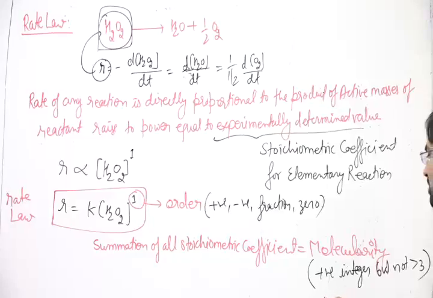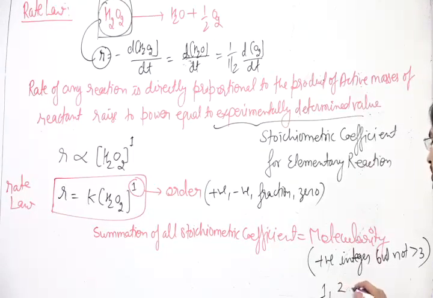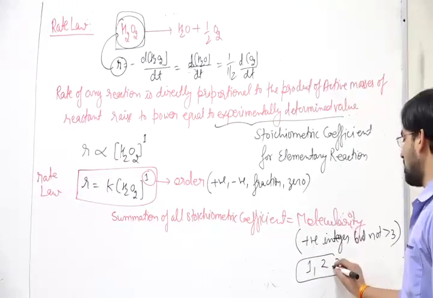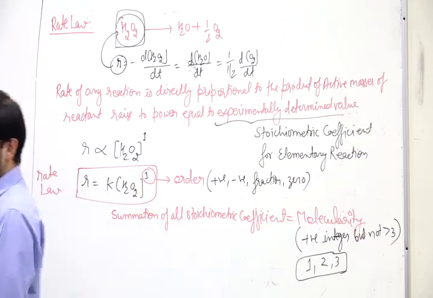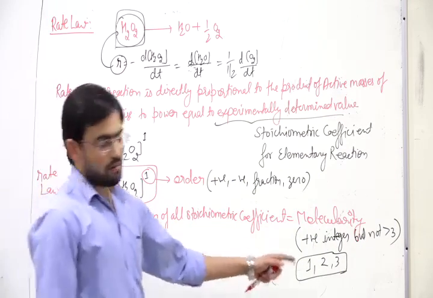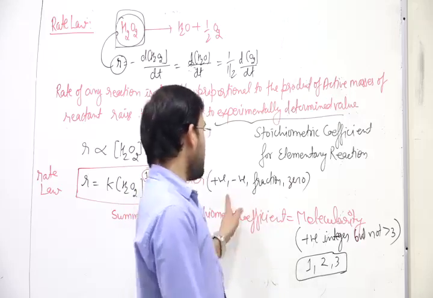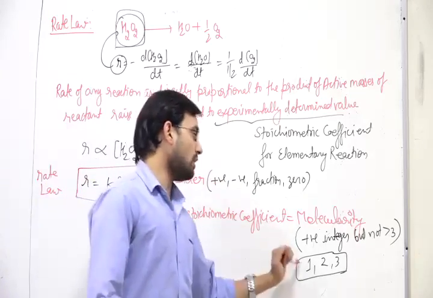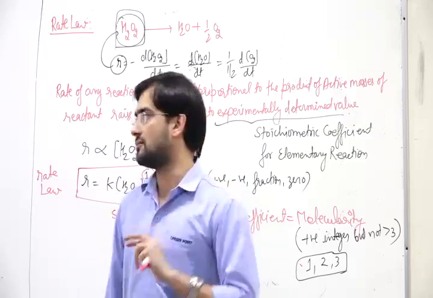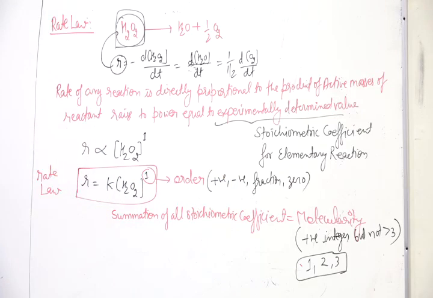It means molecularity values are 1, 2 or 3 sometimes. That's all. Whereas order would be positive, negative, fraction or 0. Molecularity is 1, 2, 3. That's all. Done now?